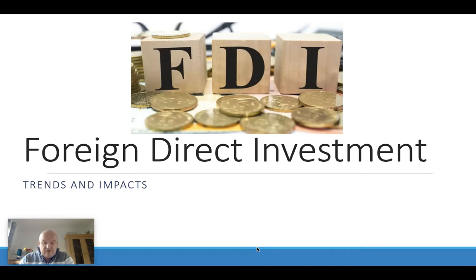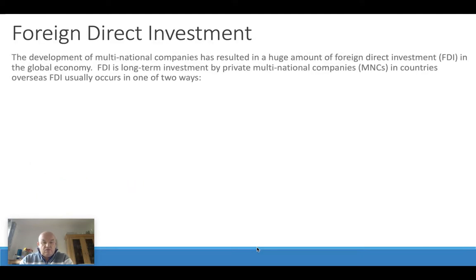FDI, the three letters standing for foreign direct investment. So what does that all mean? If we're talking about multinational companies, their development has resulted in a huge amount of foreign direct investment in the global economy.